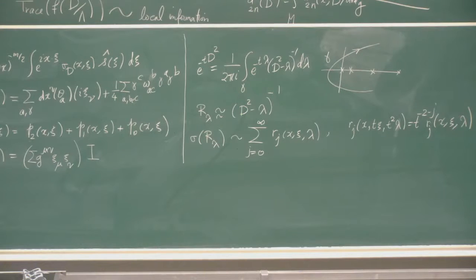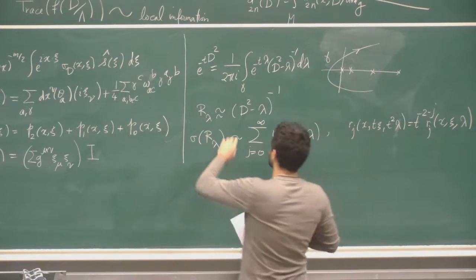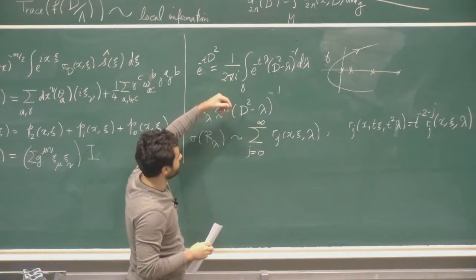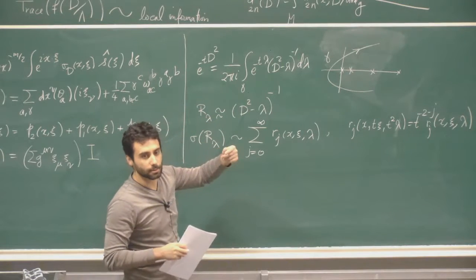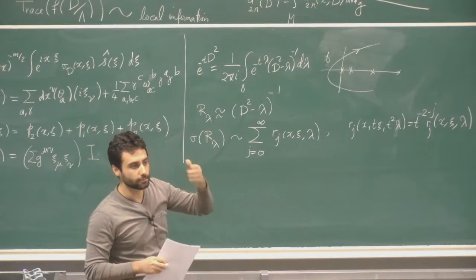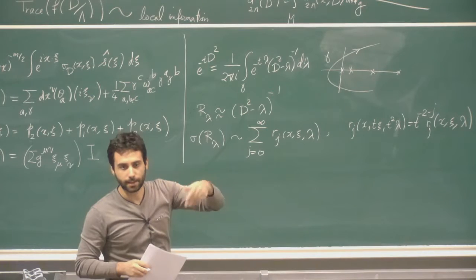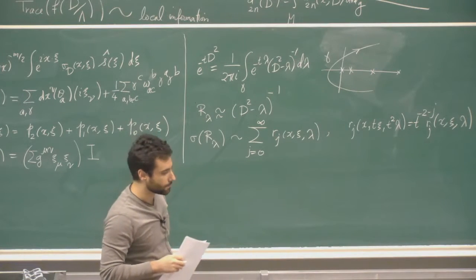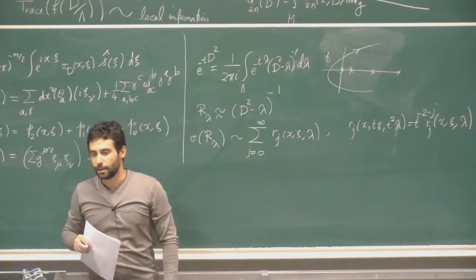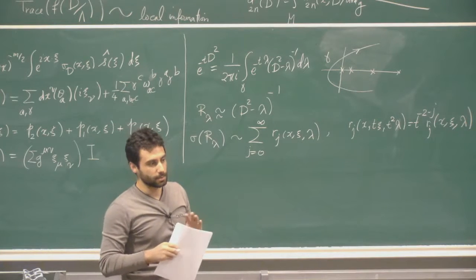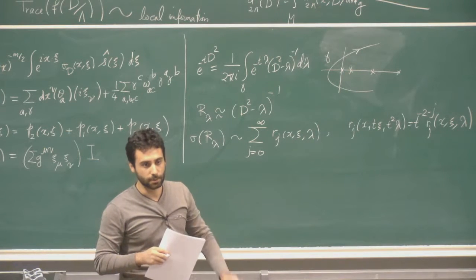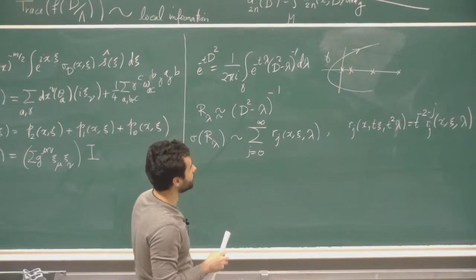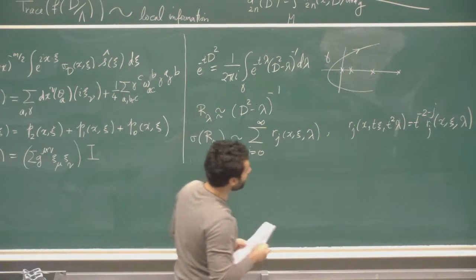So the point is that the principal part is invertible. So you can just find the formula for r_0, and then from the formula for r_0 you can find the formula for r_1, r_2, and then recursively you can find all these r_j's. But the computations are extremely heavy, like already in r_4, r_6, you cannot do it by hand and one has to use a computer. But theoretically, recursively, one can find all these r_j's.